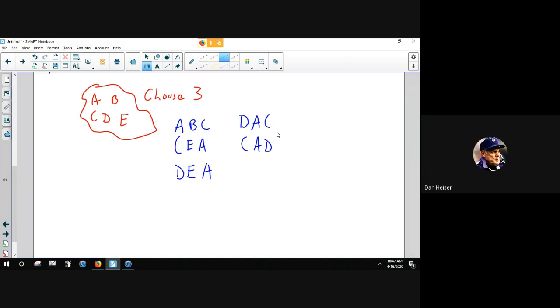And the big question is, are they the same? If yes, then we've really only chosen 4 groups because we can't count the same group twice. If these are the same, I only have 4 groups: 1, 2, 3, 4.